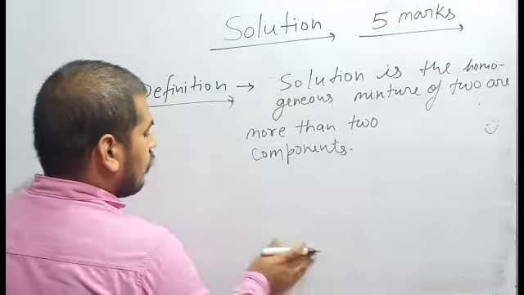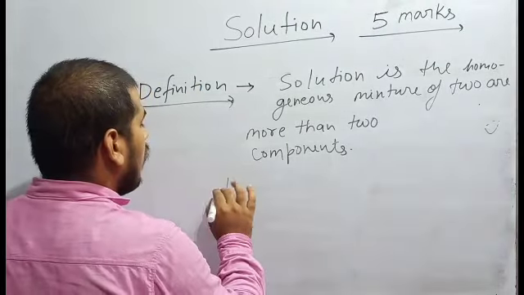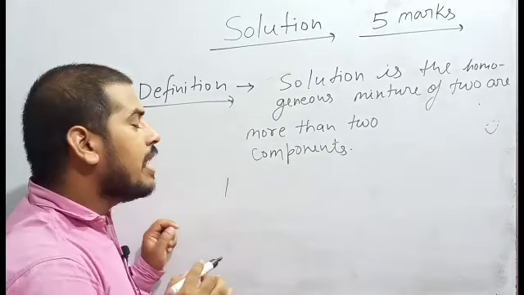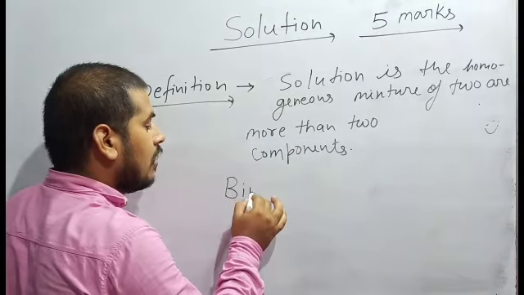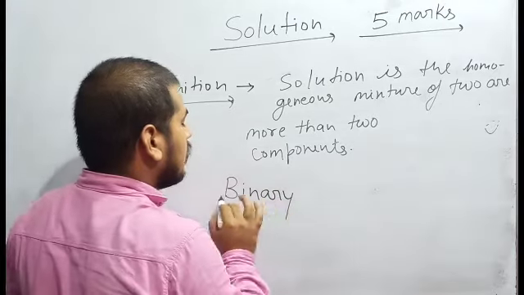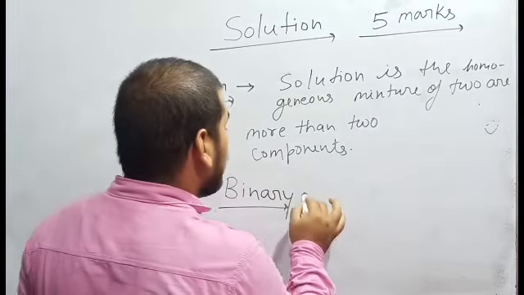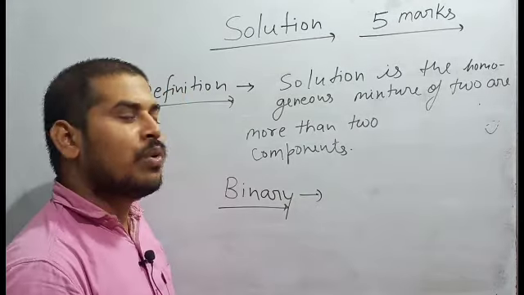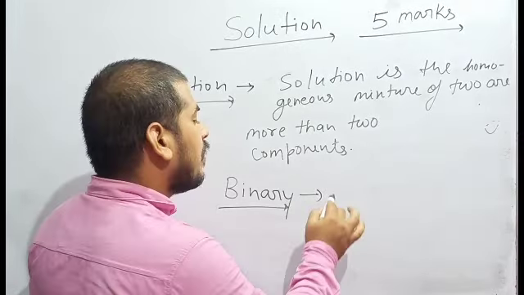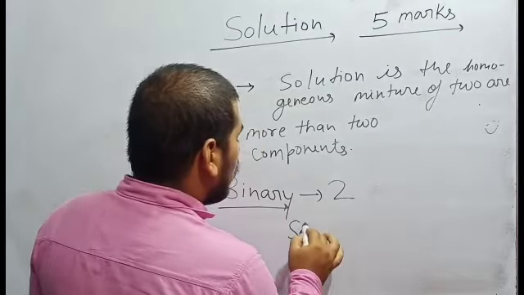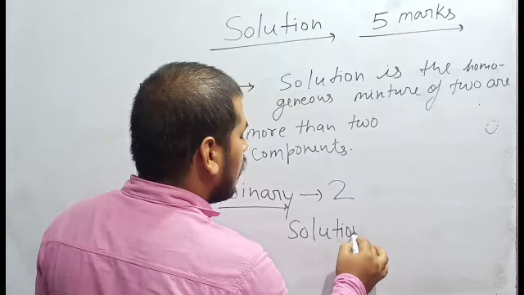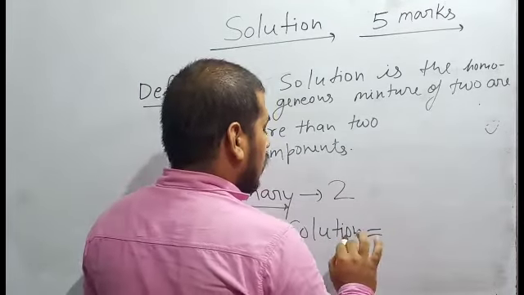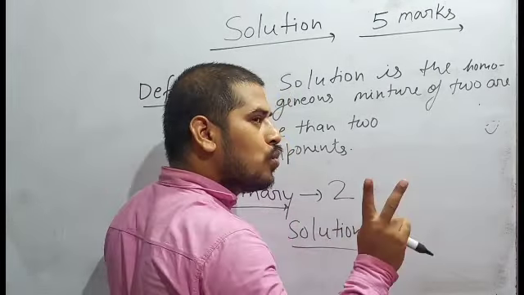So in class 12th we have to read only binary solution. Binary solution means the solution in which the components are only 2. Binary means 2, means solution consists of 2 parts.